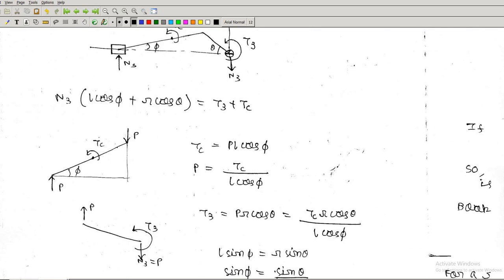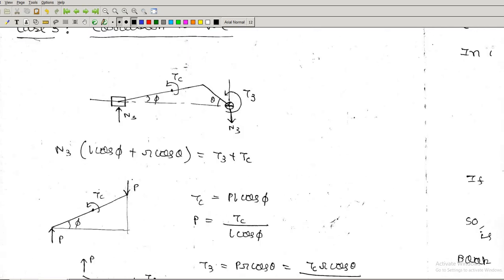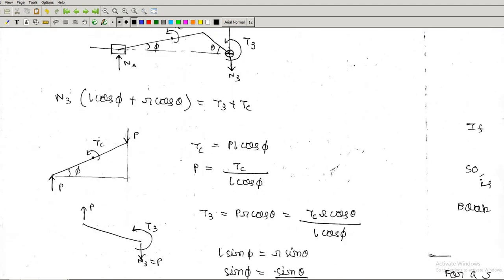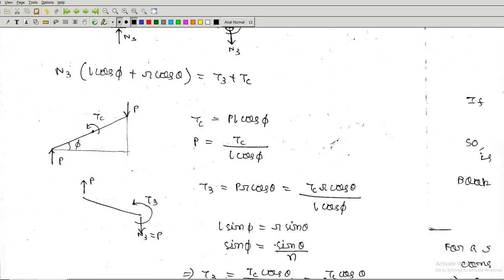And here if you consider the free body diagram of the connecting rod, so there is N3 here, and if you consider it as P, then this Tc is P into L cos phi, or P is Tc by L cos phi. This P is same as N3, and if you now consider the crank, which is here, P is coming here.